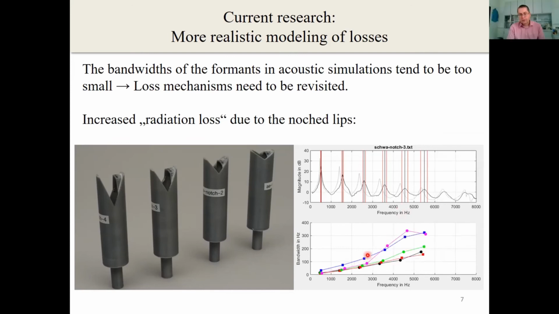Which you can see here. So here the blue and the pink curve, these are notch depths of 3 and 4 centimeters. And we have significantly higher bandwidth here. Okay, but this is just one example. We tested that for many different models.